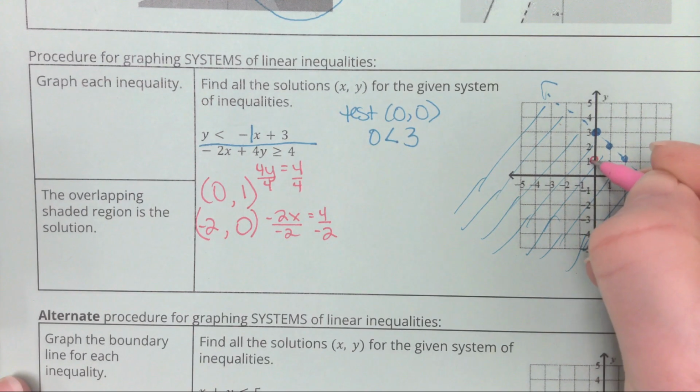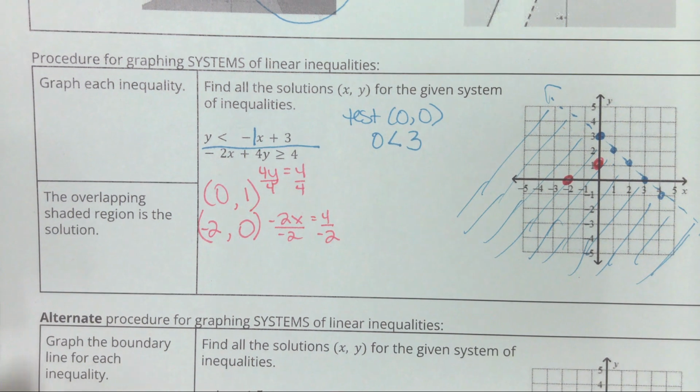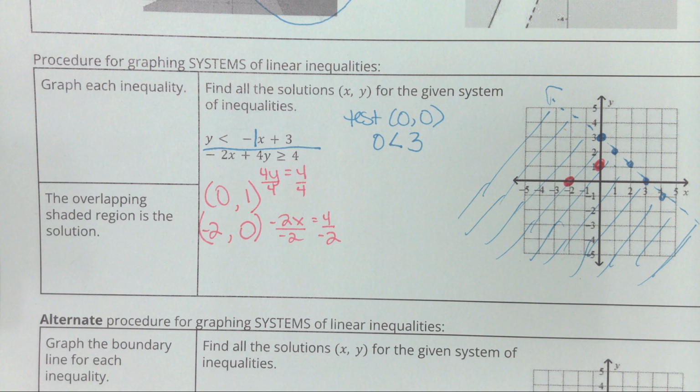So here's 0, 1, and negative 2, 0. Okay, question on this one, solid or dashed? For y, I got negative 2. What's that? I got negative 2 for y. On the y-axis.